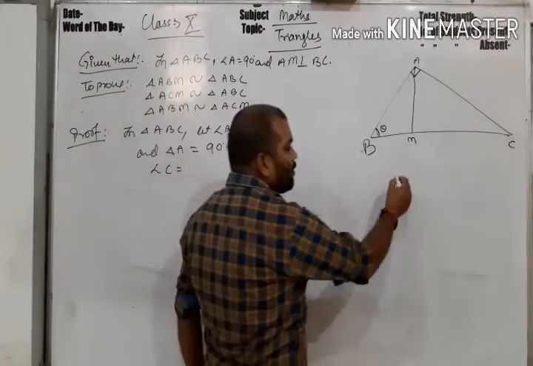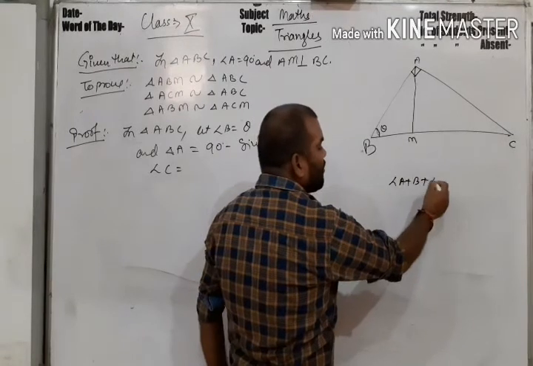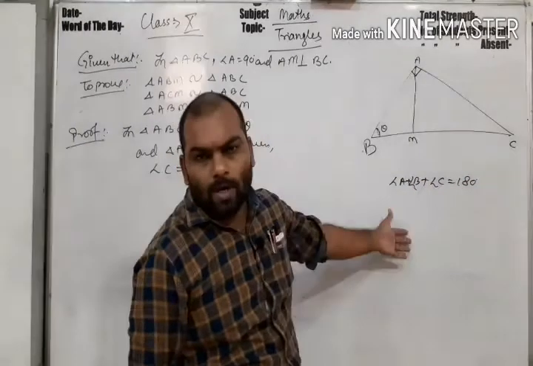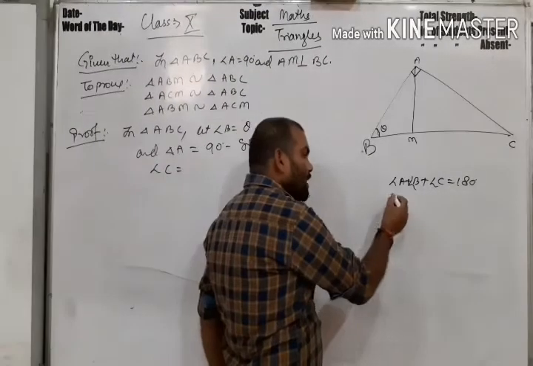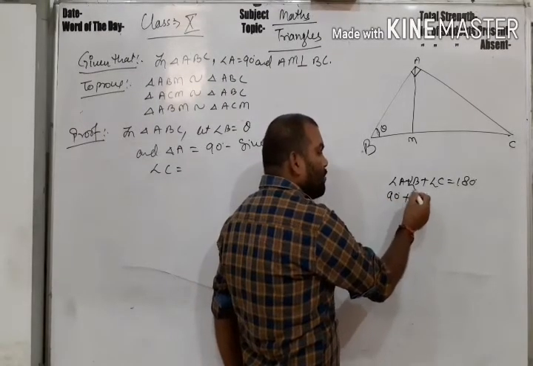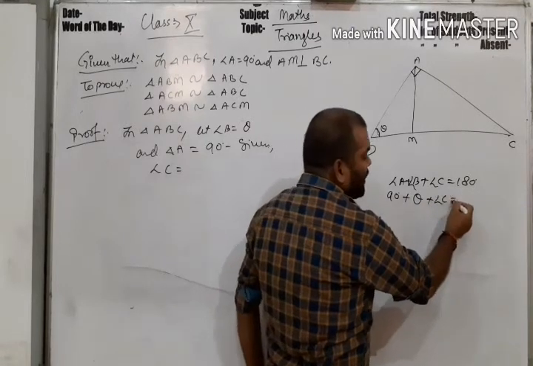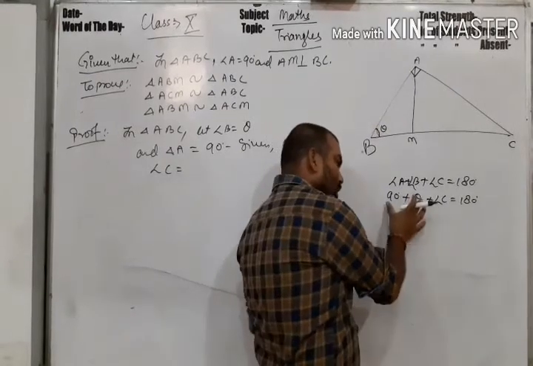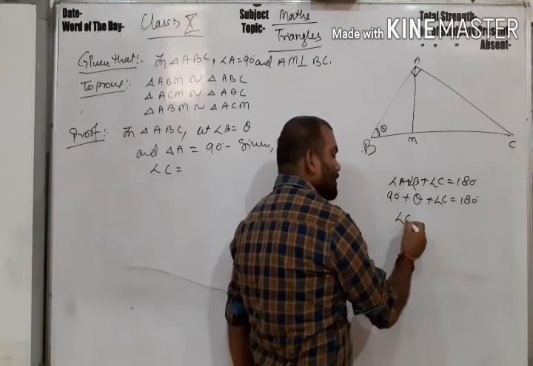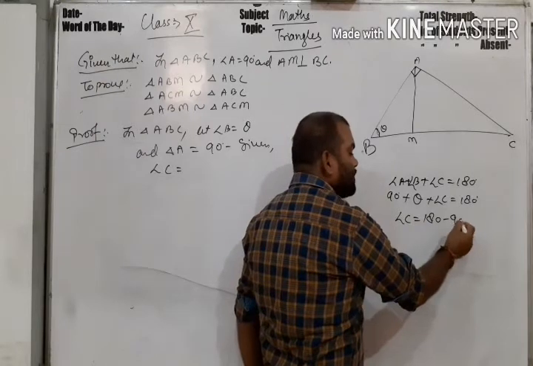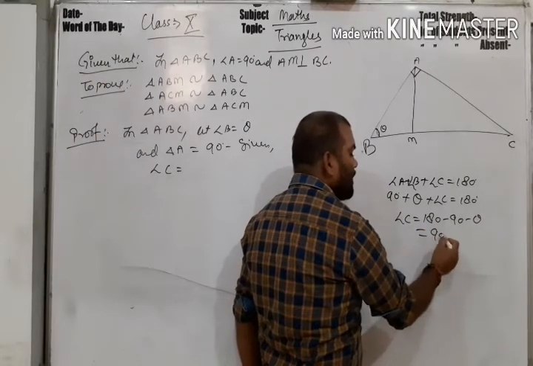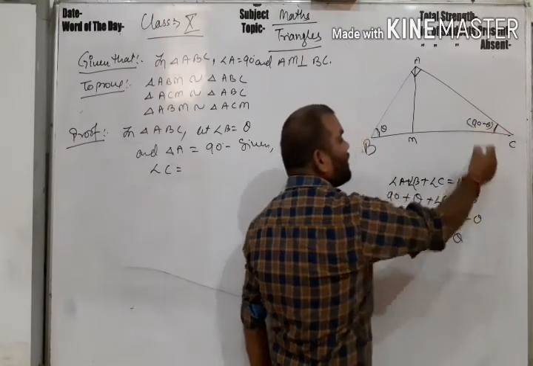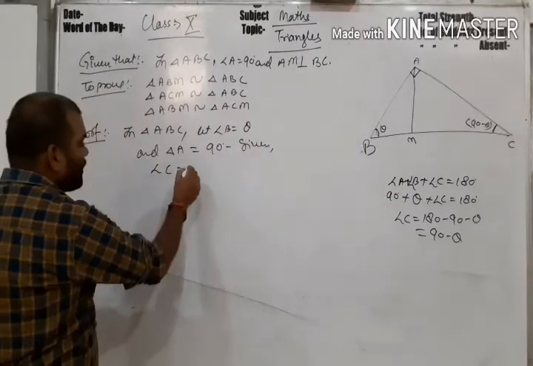We know that angle A plus angle B plus angle C is 180 degree, as the sum of angles of a triangle is 180. Out of this, angle A is 90 degree, angle B we have taken as theta, and we need to find out angle C. So to find angle C, we will transfer these both to the right side. So C becomes 180 minus 90 minus theta, that is 90 minus theta. So this angle becomes 90 minus theta, okay?